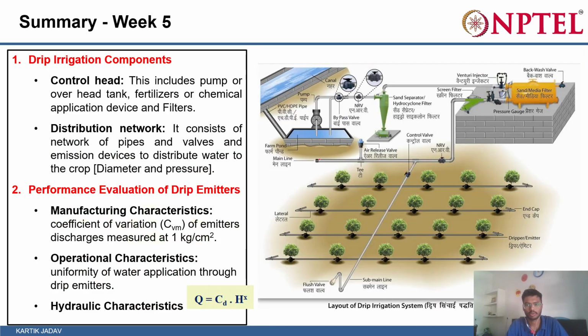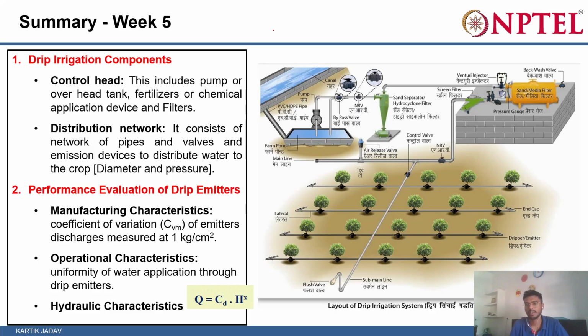So this is the overall layout of any micro irrigation system, whether it is a sprinkler or a drip irrigation system. This kind of system has two kinds of head: one is a control head and one is a distribution network.